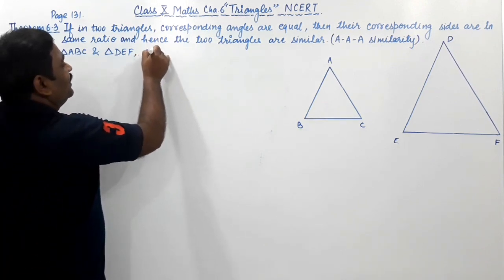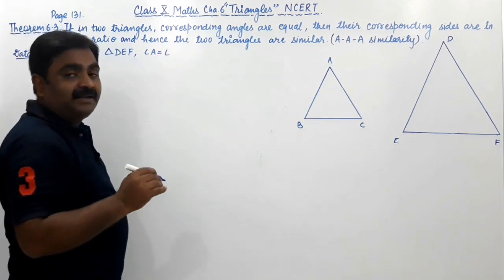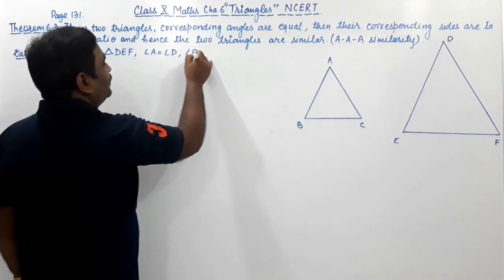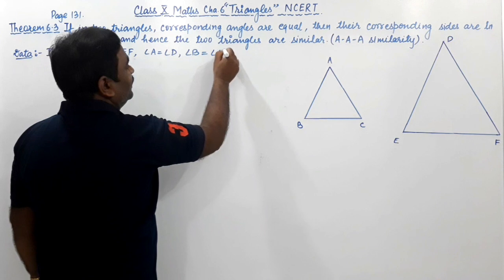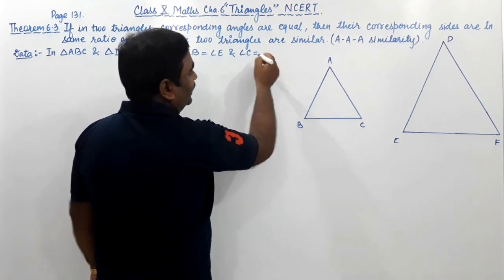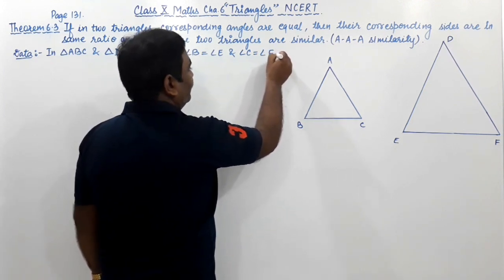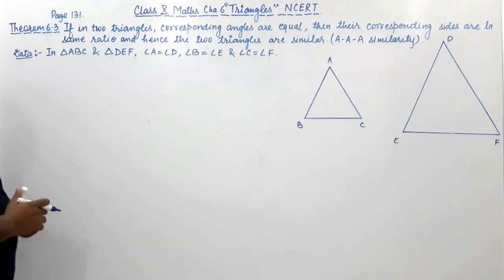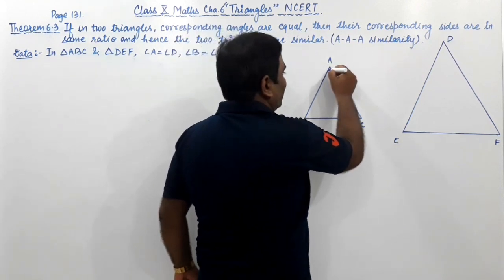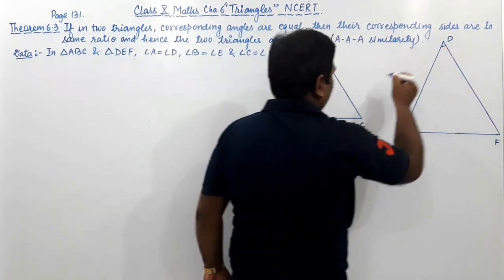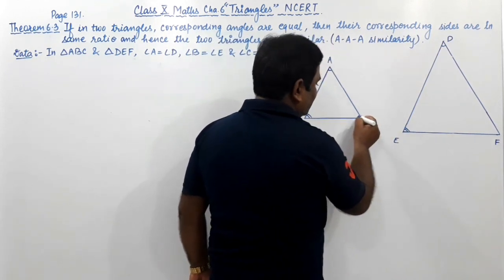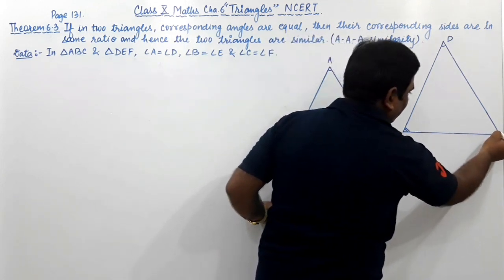Means angle A is equal to angle D, angle B is equal to angle E, and angle C is equal to angle F. So these things are given in this question.